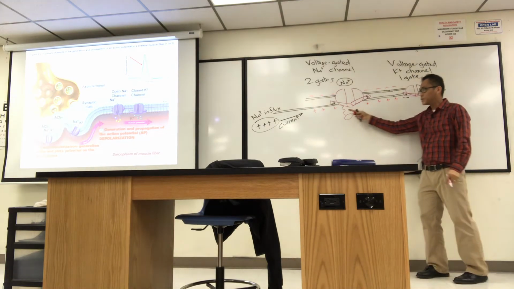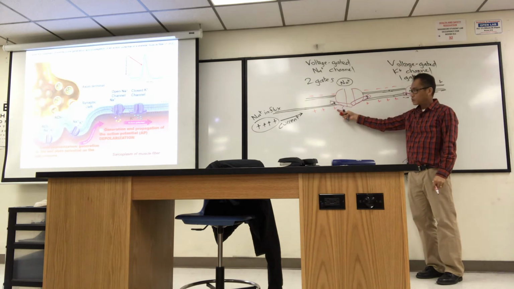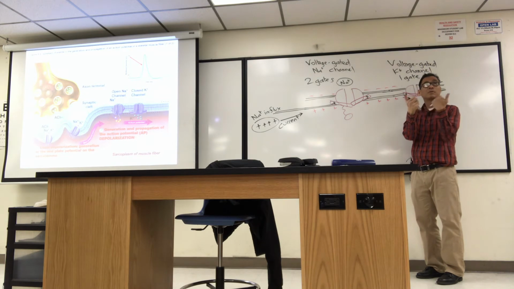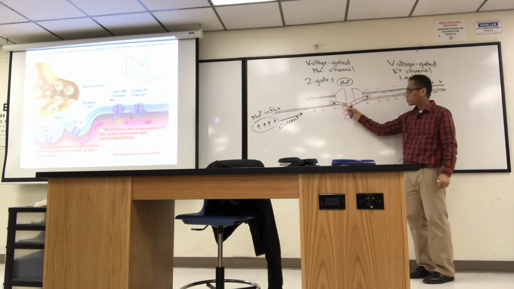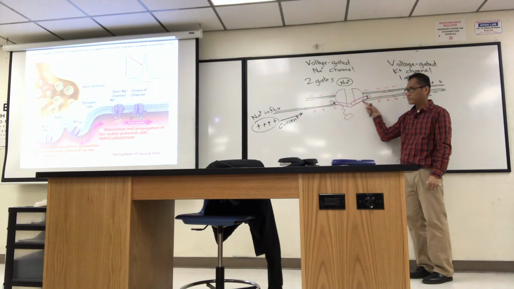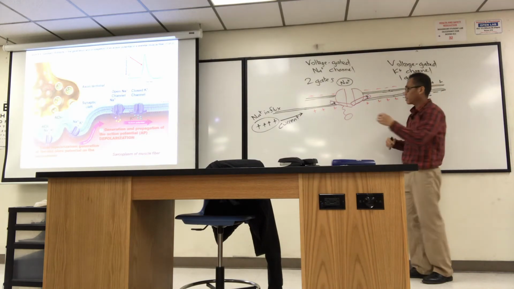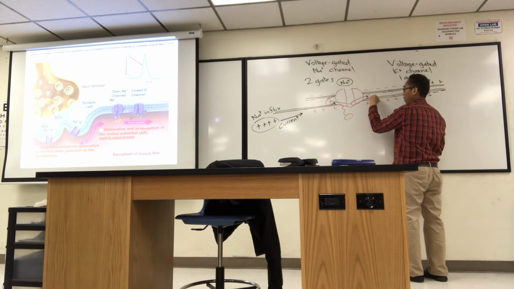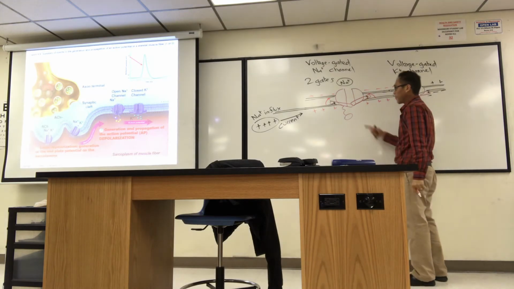Now I have a situation where a positive charge is close to another positive charge. So opposites attract, but like charges repel. So that'll swing these two flaps of the gate up to open it. It'll swing it up this way, and it'll swing it up that way. Okay, and that'll open the gate.